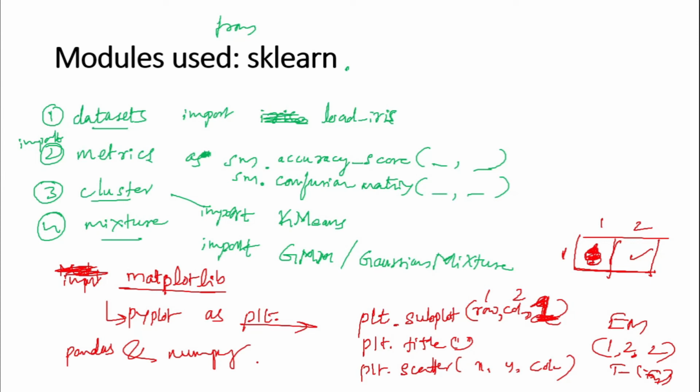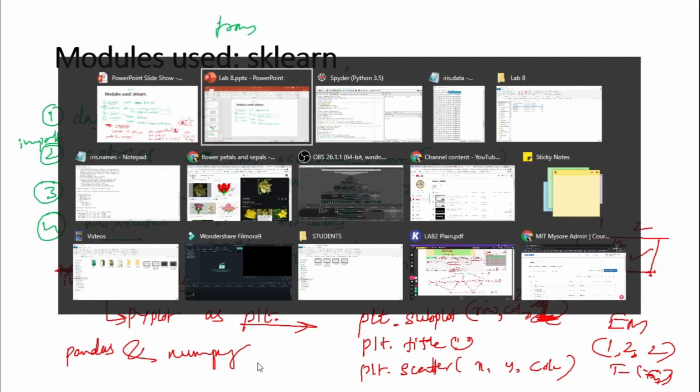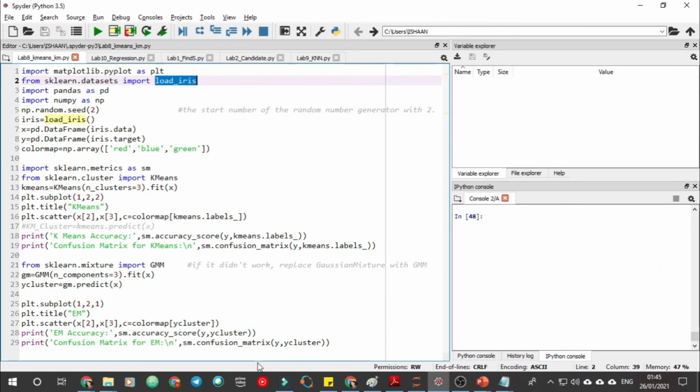We have already downloaded the iris dataset through sklearn.datasets, imported load_iris, and that's why we are using load_iris.